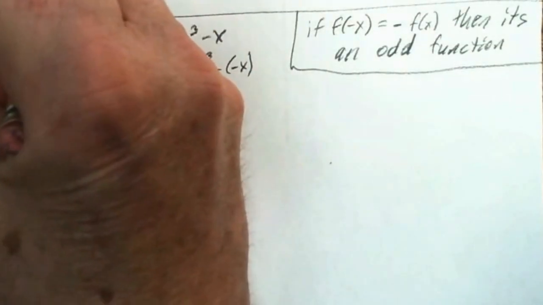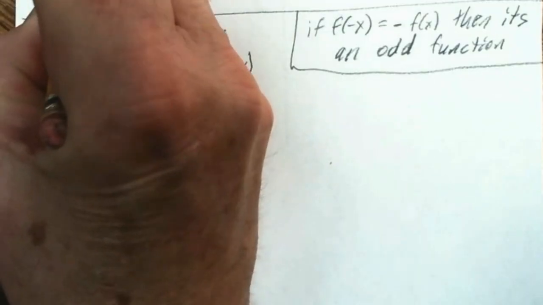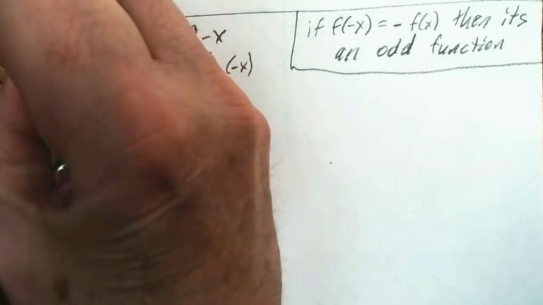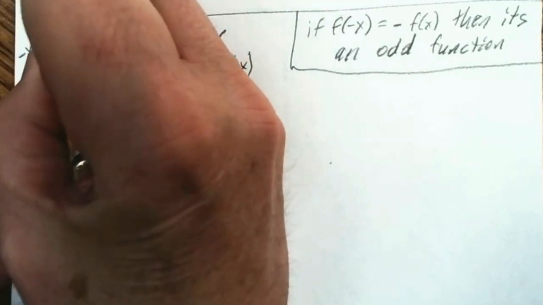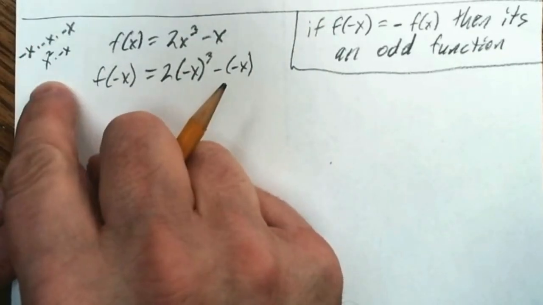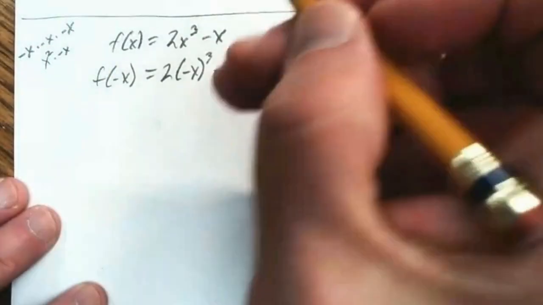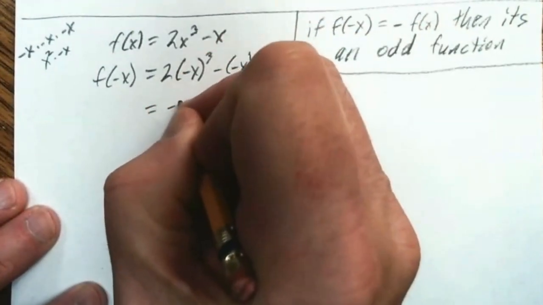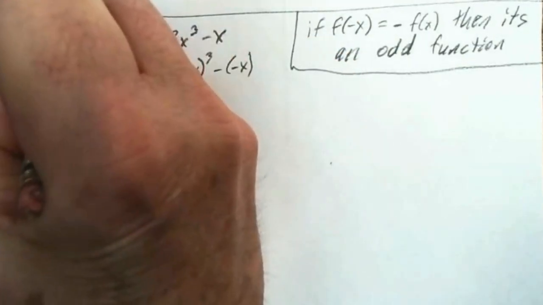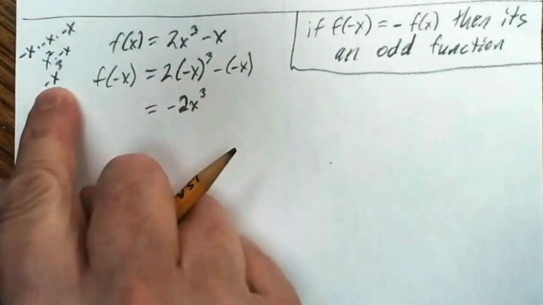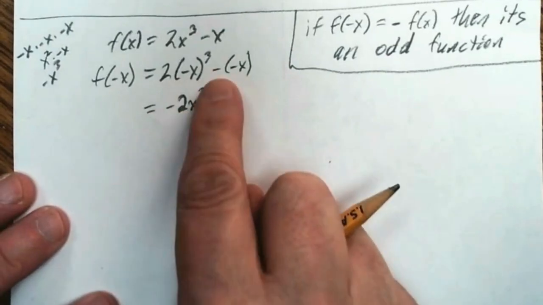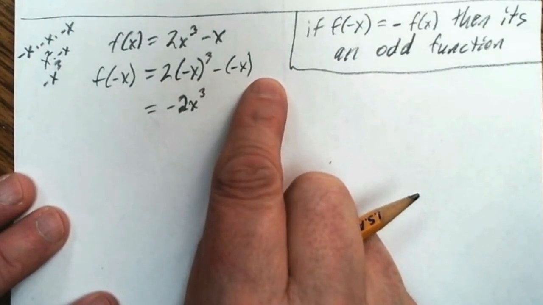Well, negative x times negative x times negative x, write that down. We know negative x times negative x is x squared as a positive, and then multiplying that times another negative x makes it negative again, right? Because it was positive, now it's a negative. So this will be negative 2x to the third. Because it's negative x to the third, and that's being multiplied by 2. So it's negative 2x to the third. And then minus negative x.